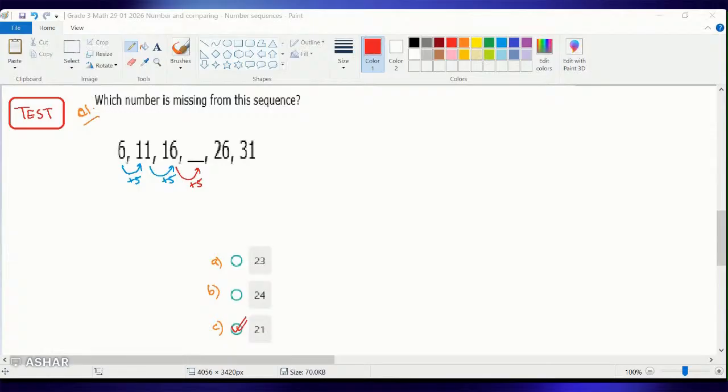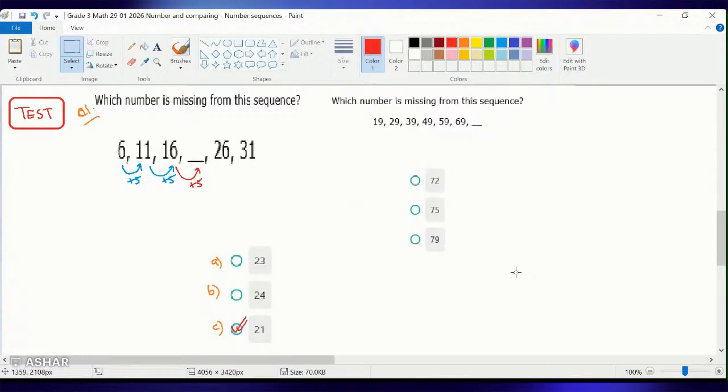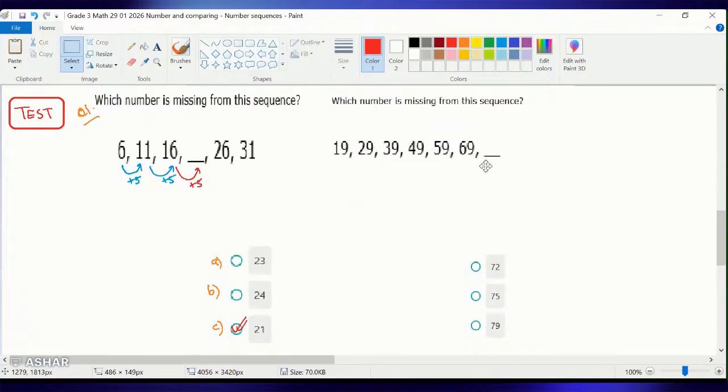Moving ahead to the next question, it says, which number is missing from the given sequence? Just a moment, please. For question number 2, when I copy this, it says this, given information. And this is the given sequence that we have.